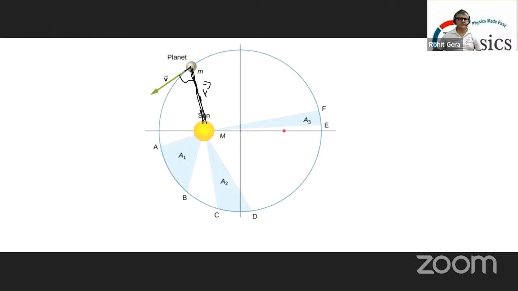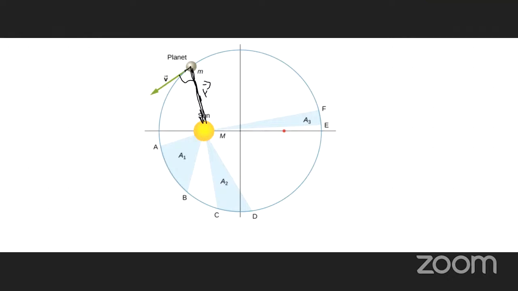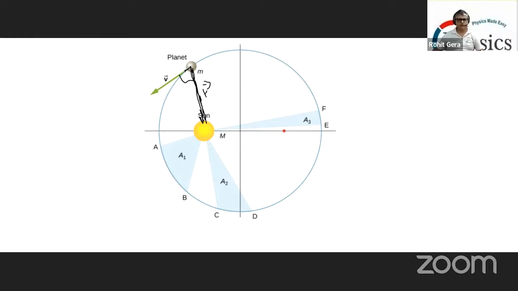So there is no external torque acting, so angular momentum will remain conserved in this case. Till now we have only seen what angular momentum is, and we have understood that the rate of change of angular momentum is torque. So torque is going to produce a change in angular momentum.